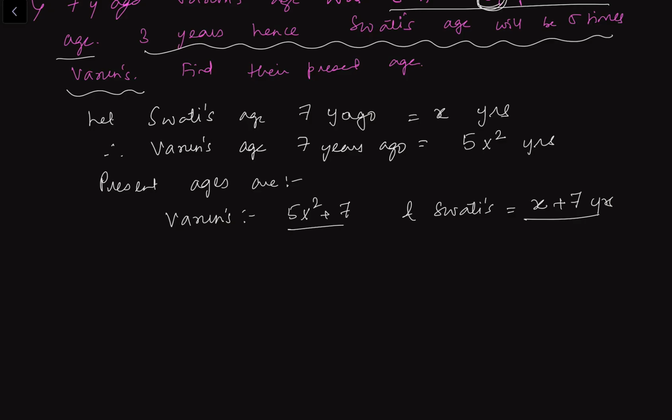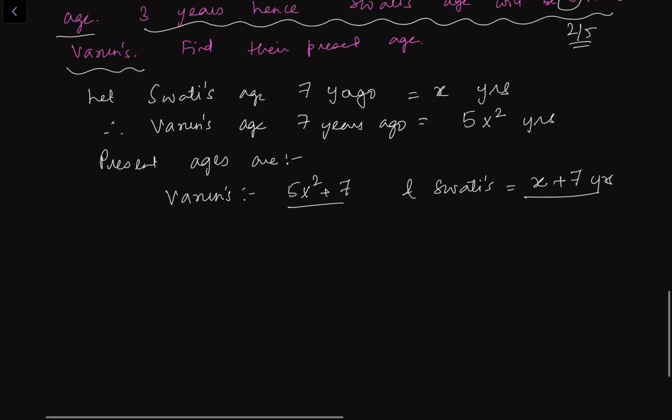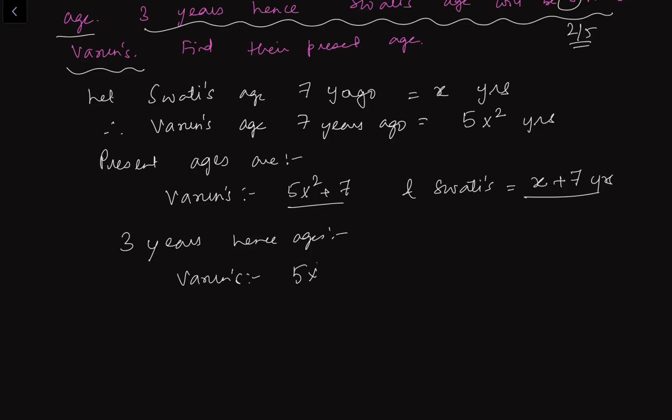I think this was auto corrected, so this will be 2 by 5 times. Okay, so now 3 years hence, the ages will be: Varun's age will be 5x squared plus 7 plus 3, which is 5x squared plus 10 years, and Swati's age will be x plus 7 plus 3, which is x plus 10 years.